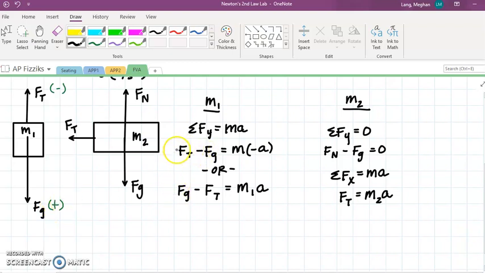Both of these ways are the exact same. So whichever one makes more sense to you, that's the one that you need to choose, okay? So the first one, I kept the classic up positive and down negative coordinate system, but the object was speeding up, so I had to make my acceleration negative to match my negative velocity.